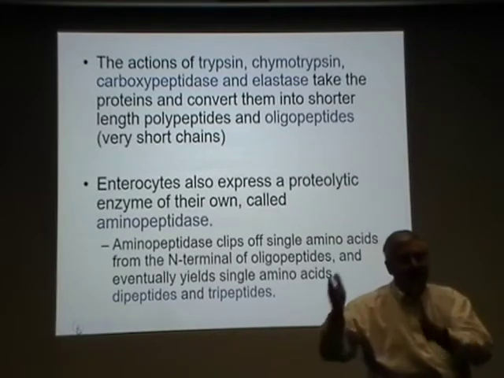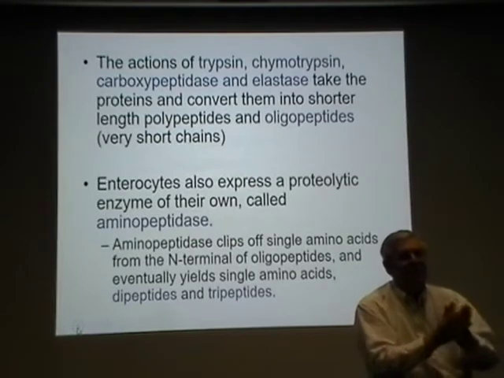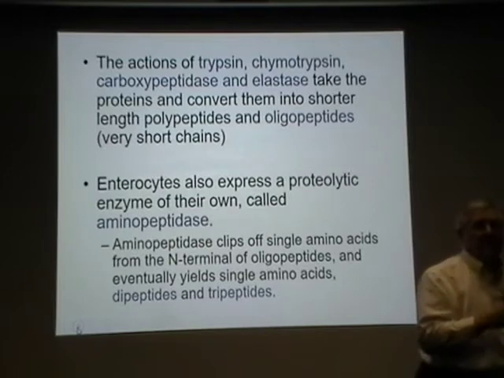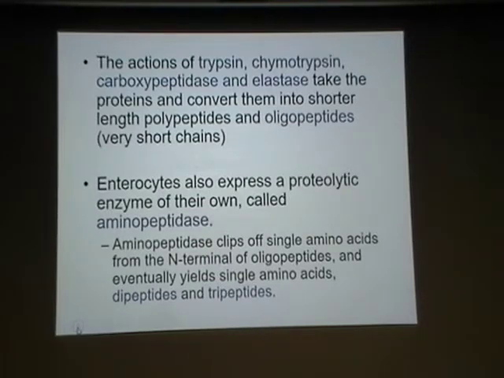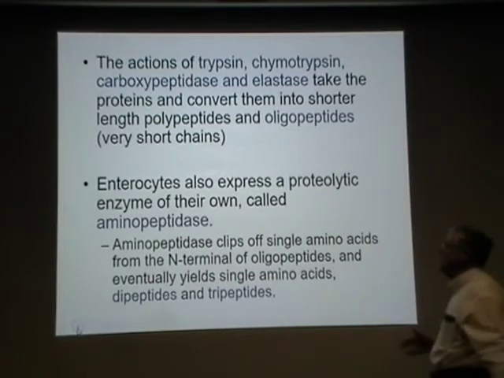It's just over time, it's like we each have a knife and we're hitting certain peptide bonds. So when they get done, and this is taking place in the lumen, in the small intestine, we're getting very short chains, so oligopeptides and even shorter chains.